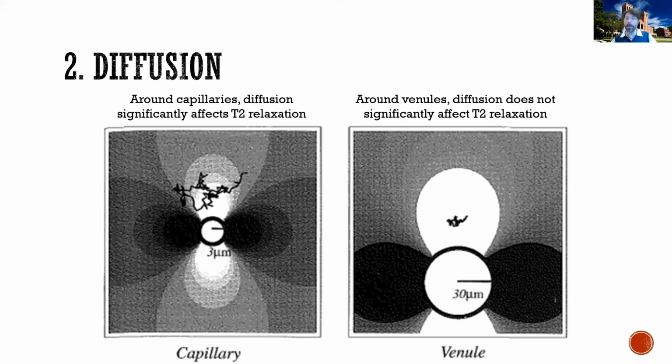So around venules, diffusion does not affect much how quickly protons dephase. Around capillaries, diffusion affects very much the rates at which protons dephase, because it makes them dephase slower. Around the larger venules, it does not. Diffusion doesn't play a significant effect.